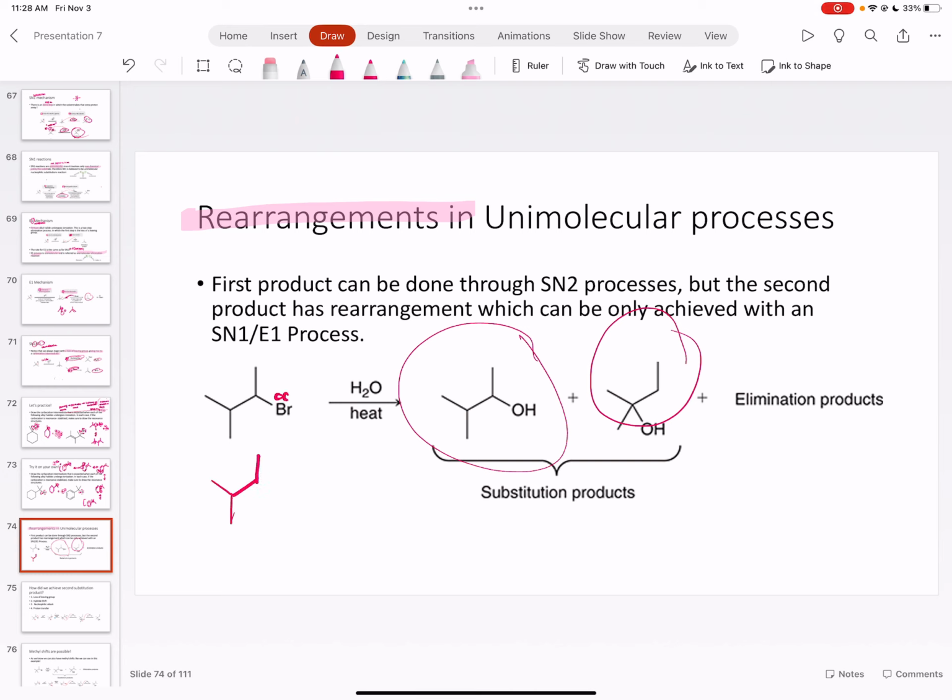When we break our bond with our bromine, it's gonna look like this. You're gonna be like, well, that second product doesn't technically look like that, right? It doesn't look like the water went in there and just attacked and replaced the place where the bromine was, does it? It doesn't really seem like it. It seems more like the first product, right?